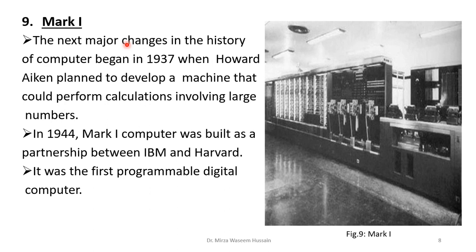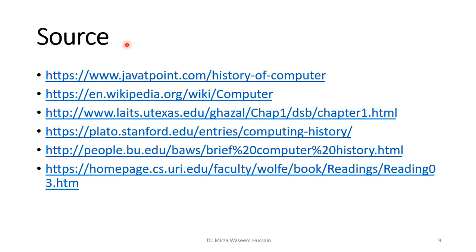So, with a joint partnership between IBM and Harvard, the Mark I computer was built, and it was the first programmable digital computer. That is, we could program it. Before this, none of the computers could be programmed. History doesn't stop here.